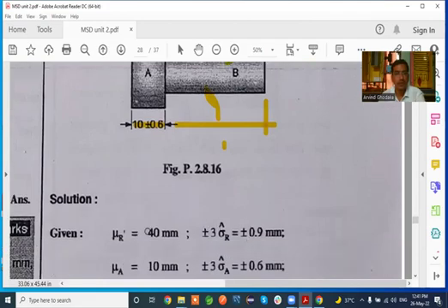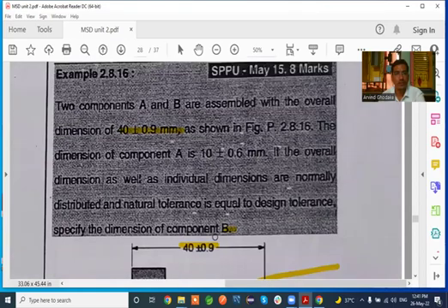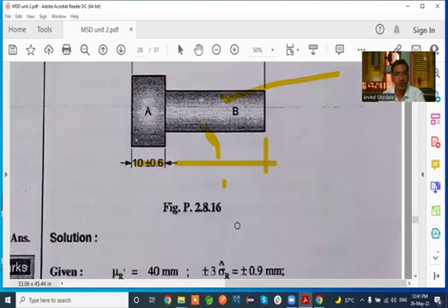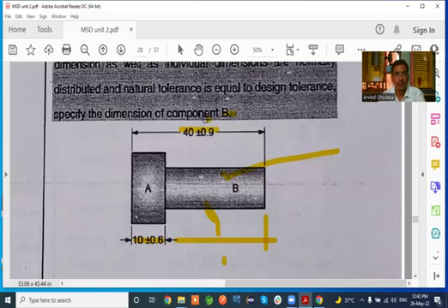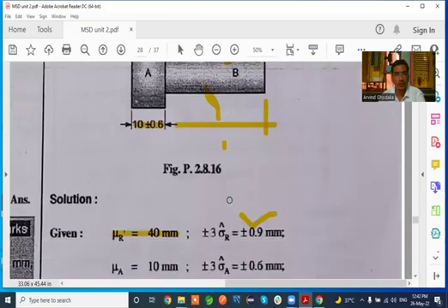So the given data: mu dash r will be equal to 40 mm. That is nothing but the overall dimension or the mean dimension of the assembly. Then plus minus 3 sigma cap r, the resultant standard deviation, is given as plus minus 0.9 mm.